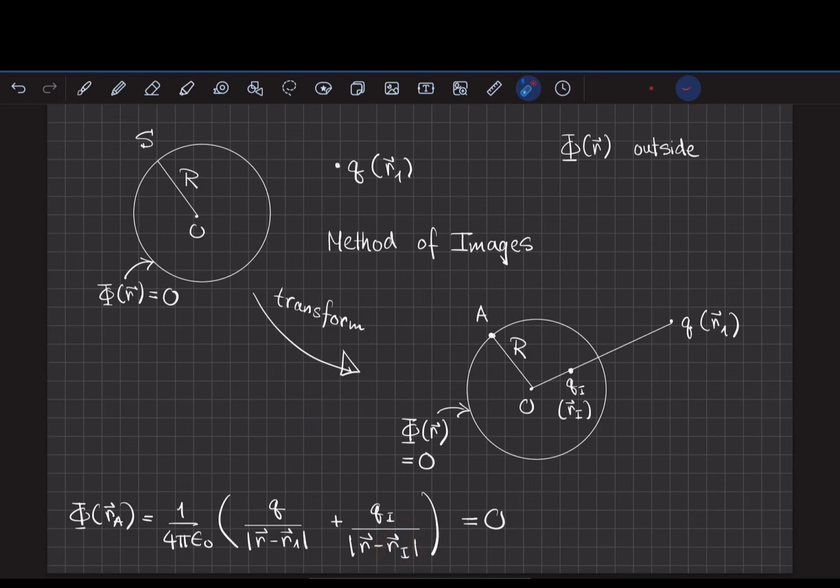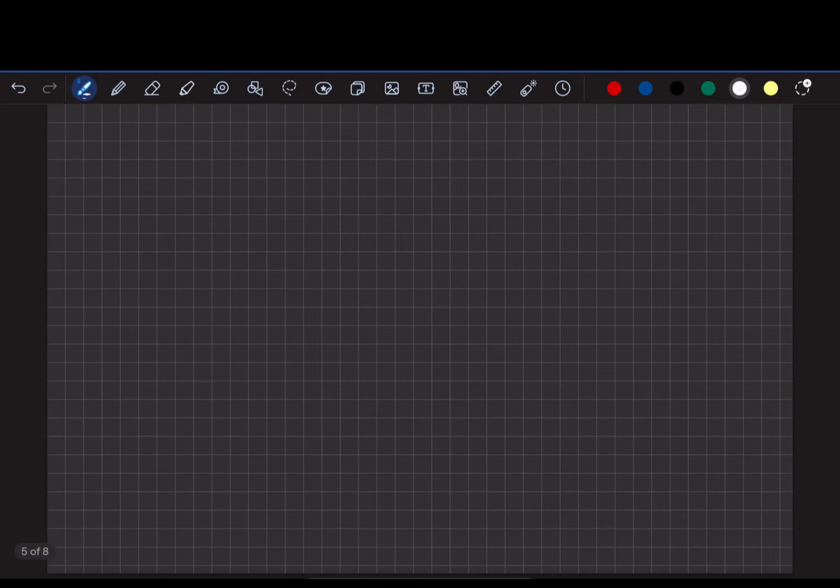So you can actually solve this equation for any general point Ra on the surface of the sphere, but here we would use a trick to find Qi, to basically solve this equation. So the trick is that instead of considering a general point, you consider two very specific points on the sphere.